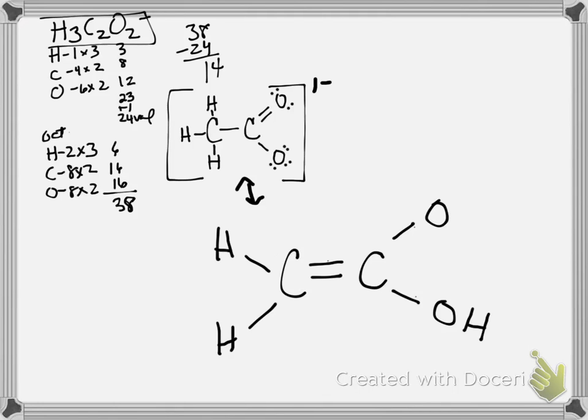No, so it would still have to be double bonded to one of the oxygens. Or, wait, that's happy, that's happy. I think my first shot was the best. Yeah, I think my first shot was definitely the best. Scrap that.